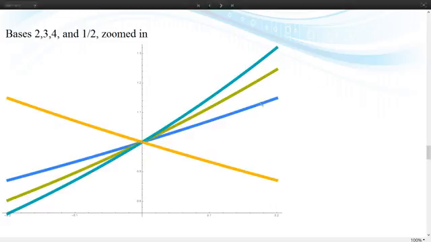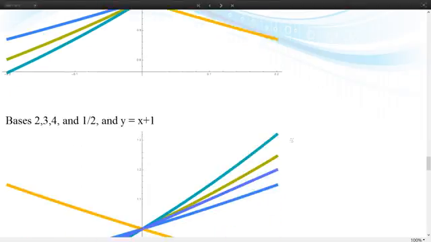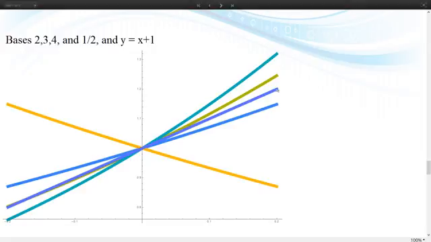And we notice that the blue curve, or 2 to the x, and the yellow curve, or 3 to the x, right in between the two of these, we should have a graph of the line x plus 1. Here's a graph of that. This also looks blue to me, but it might be purplish. I'm unsure.